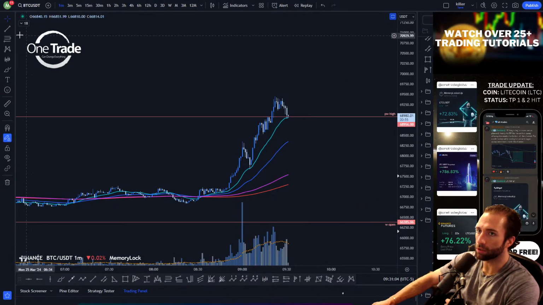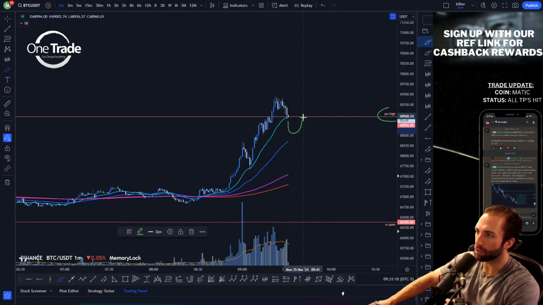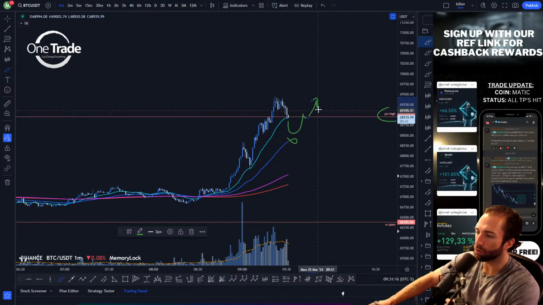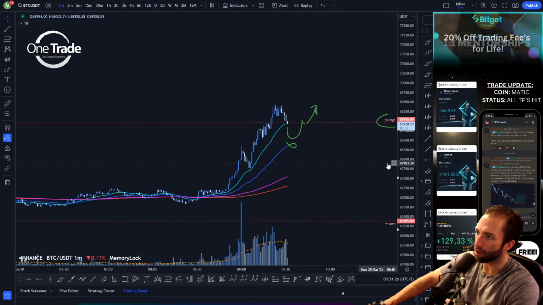But ultimately, if we're going to want to see this level hold, we're going to maybe look for a lower time frame deviation or something like that, hit some of these moving averages, go a little bit sideways, and ultimately look to close H1 above the level. So whatever kind of a move down that we get, we want to assume that it's going to have some degree of continuation. And so this would be a really nice setup to go for a long, right?